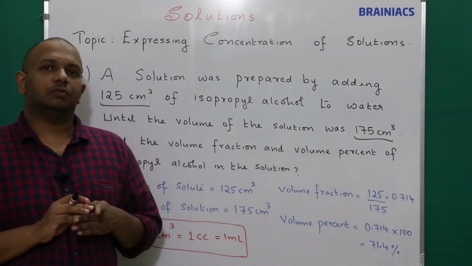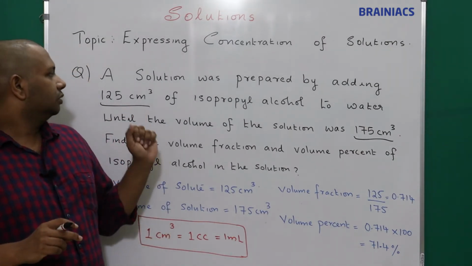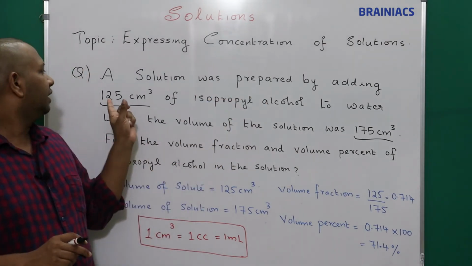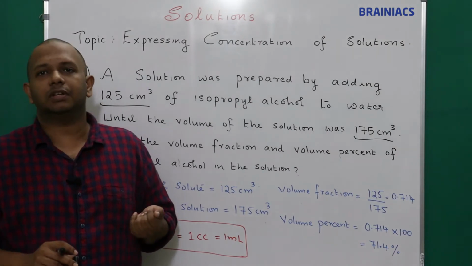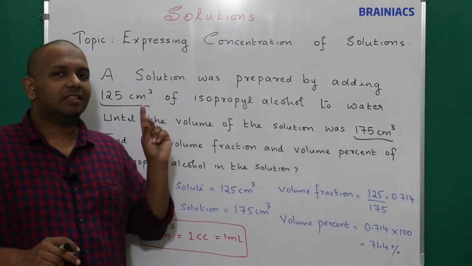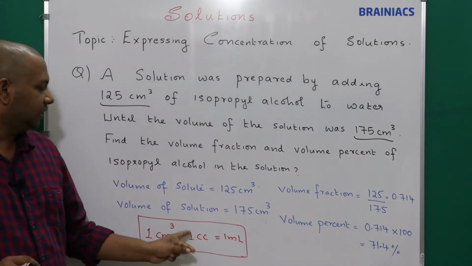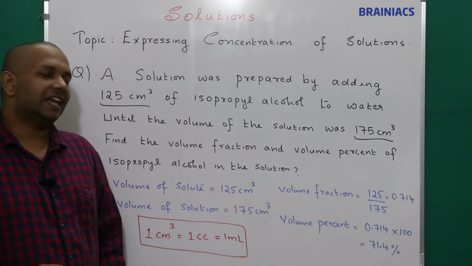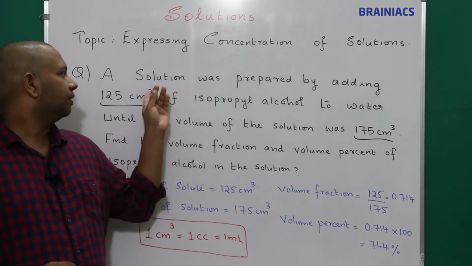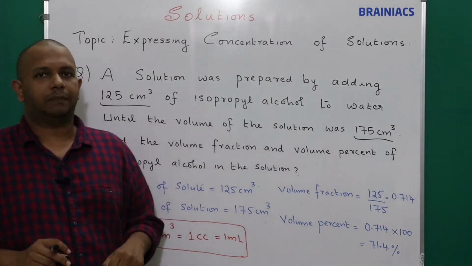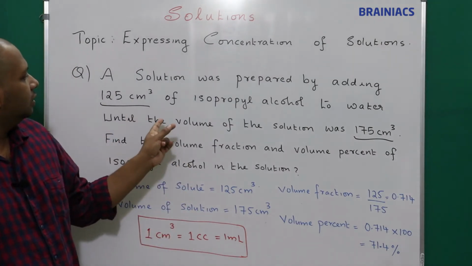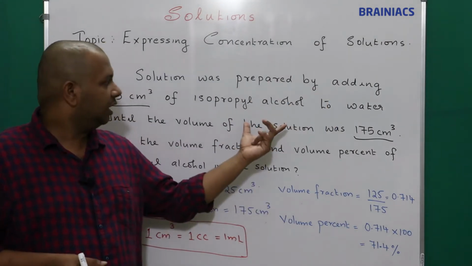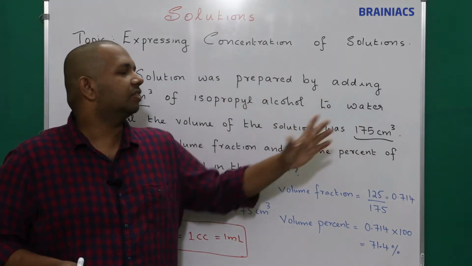What we need to understand here is that the solute is isopropyl alcohol, which is liquid in nature, and the amount of that solute is 125 centimeter cubed. Also remember, 1 centimeter cubed is called 1 cc, which is equal to 1 ml, so you can easily replace centimeter cubed with ml if you need. Isopropyl alcohol is added to water until the mixture becomes 175 centimeter cubed.